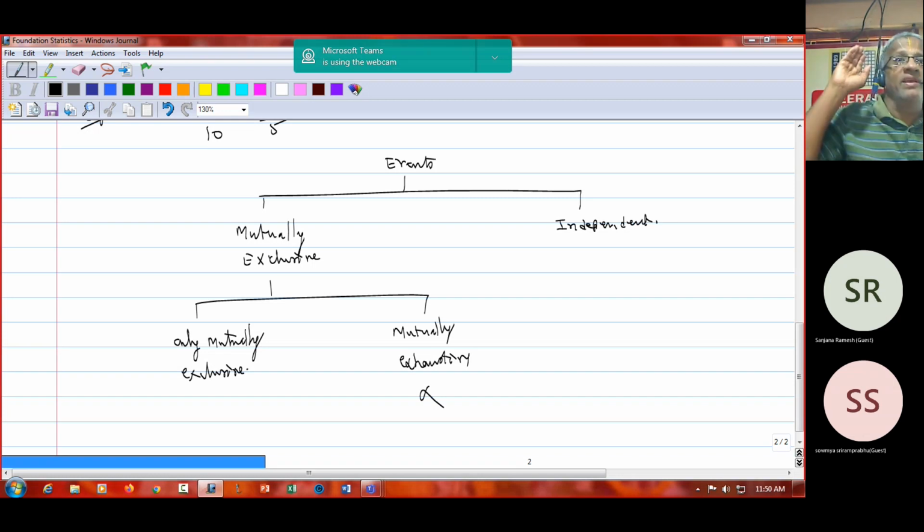So independent events are like this: the happening of one event is not dependent on the happening of another event. Whereas, if I say sunshine, is it independent or mutually exclusive?